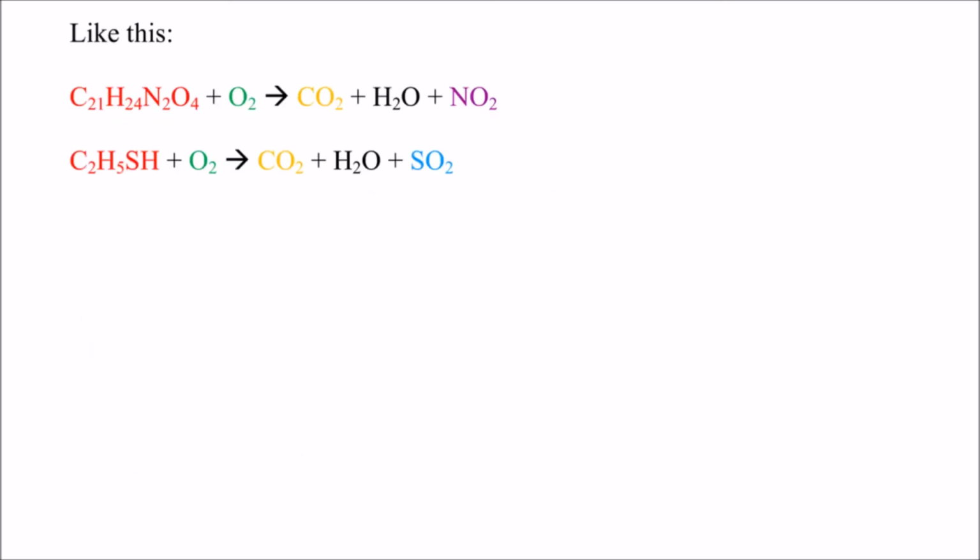Here's an example of what that might look like. So here's a hydrocarbon that has incorporated nitrogen into it. So you're going to get carbon dioxide, water, nitrogen dioxide, and then as usual heat. Okay. And then down here we've incorporated sulfur into this hydrocarbon. So we get carbon dioxide, water, sulfur dioxide, and we need to add heat.